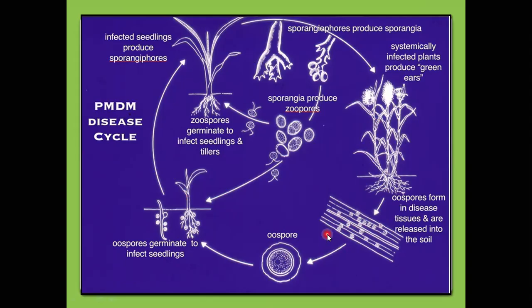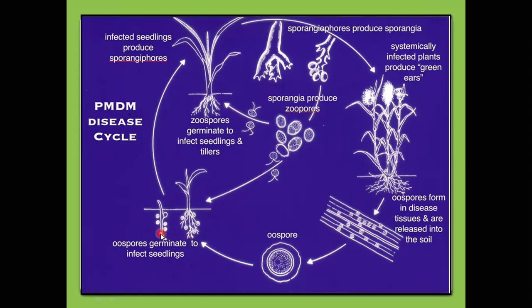In short, primary infection takes place through oospores, which survive in soil up to 8 to 10 years. This is one possibility to initiate the primary infection.